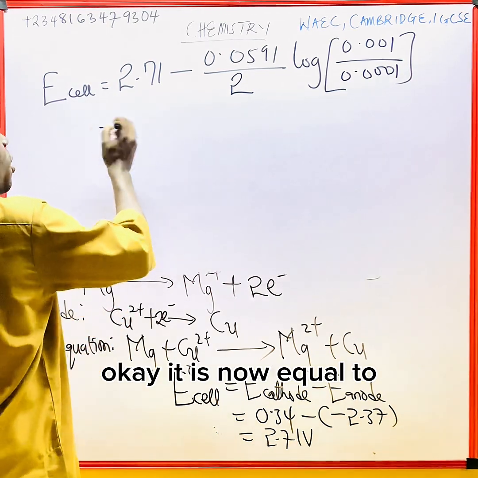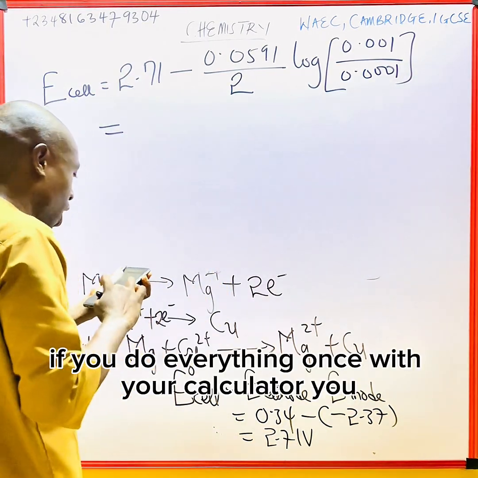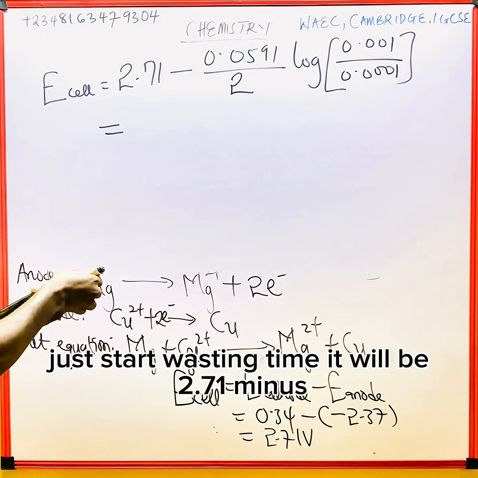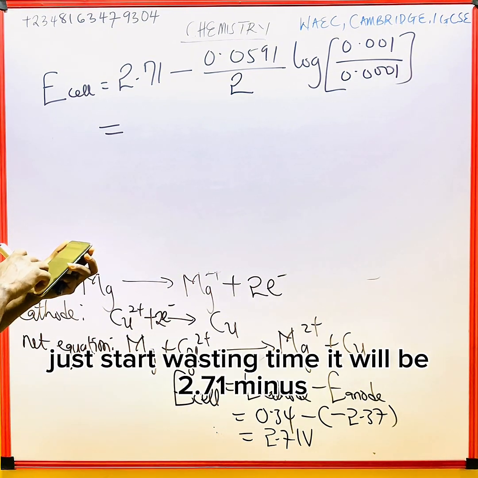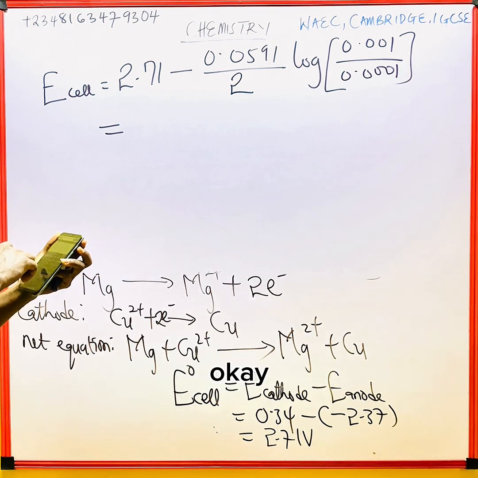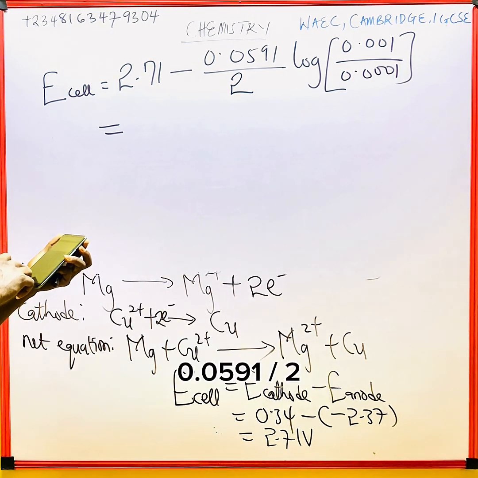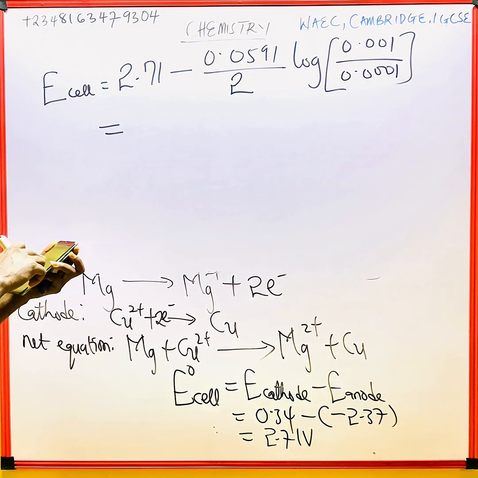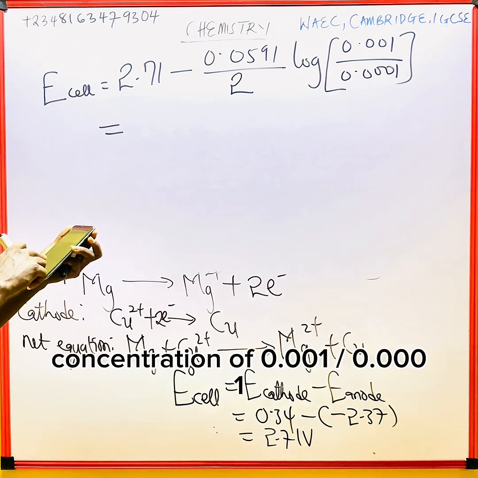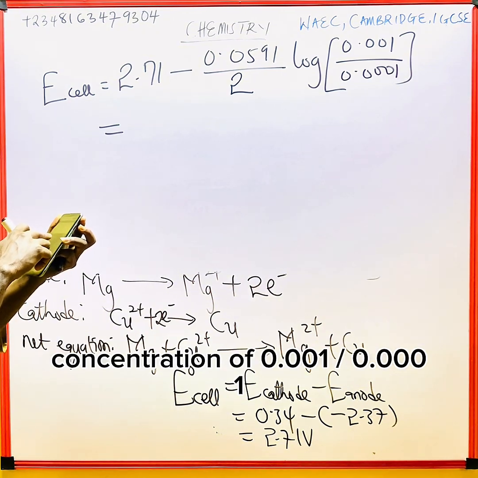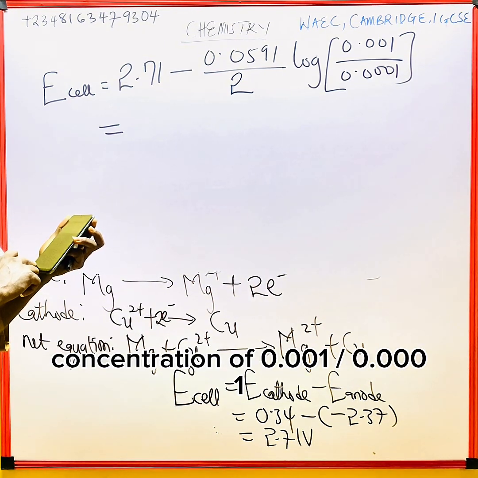If you do everything at once with your calculator, without wasting time, it will be 2.71 minus 0.0591 divided by 2, times log of the concentration 0.001 divided by 0.0001.